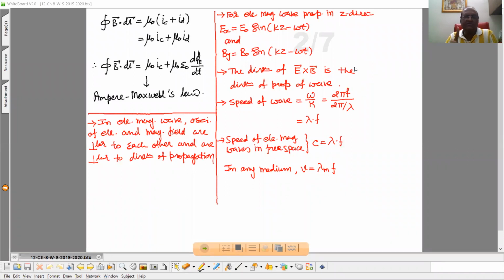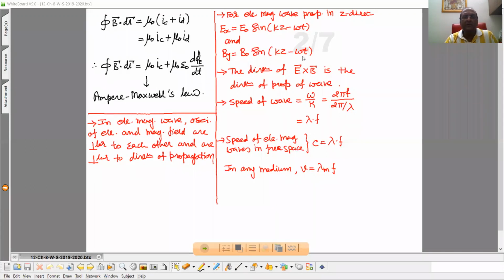The oscillating electric field produces the magnetic field, and the oscillating magnetic field produces the electric field, and the process continues.